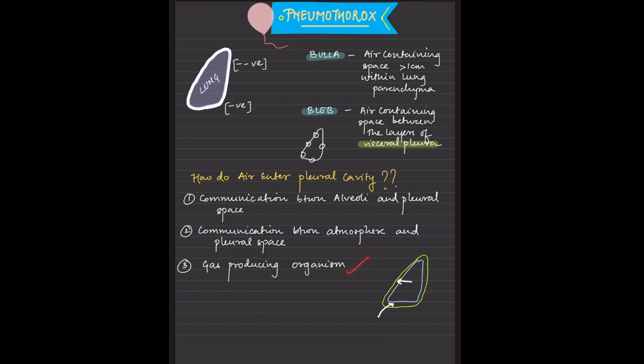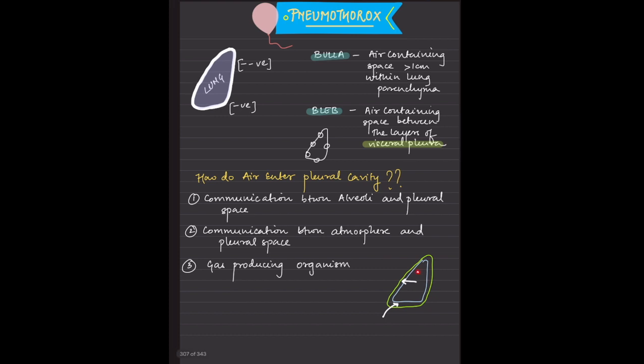Here I have made a diagram showing the atmosphere entering the pleural space. This is the visceral pleura and this is the parietal pleura, and then we have the alveoli containing the air, and this is entering into the pleural space.